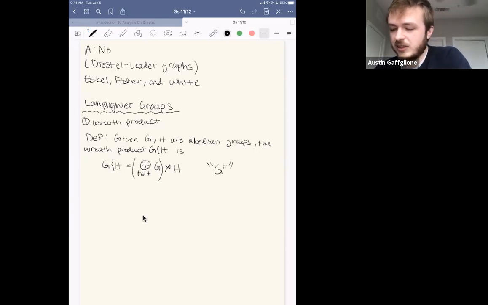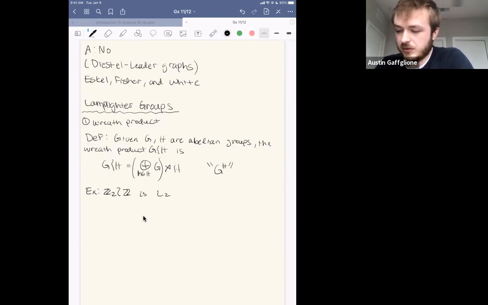Of course, there are some technicalities and there's not necessarily an equivalence between the two, but I can think of it like this. In particular, as a nice example, the wreath product of Z2 and Z is L2.